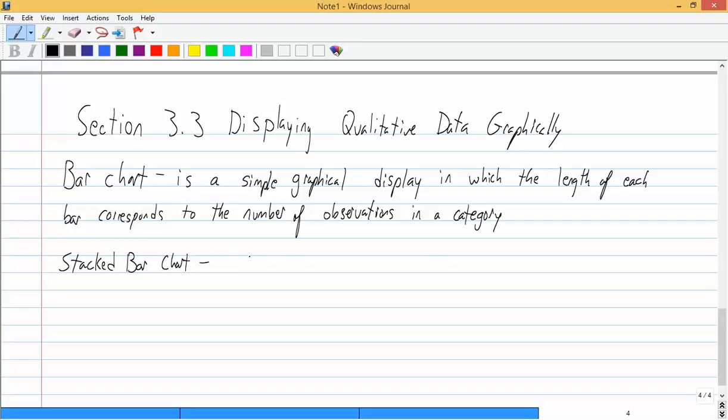And stacked bar charts are bar charts where different subcategories are stacked on top of each other.